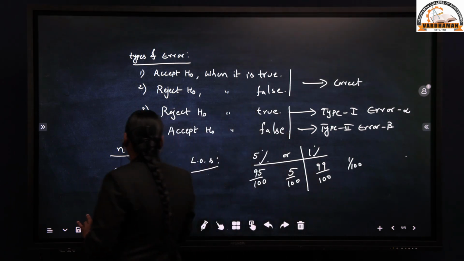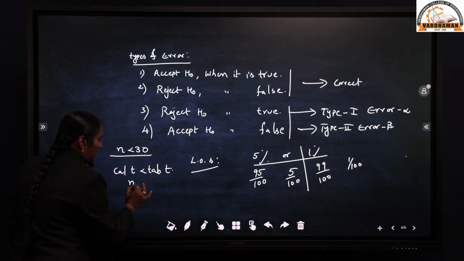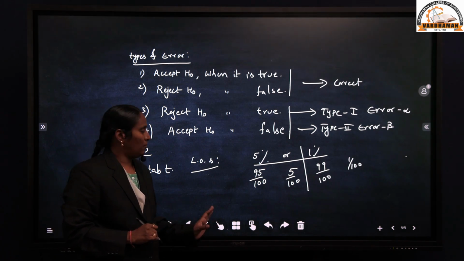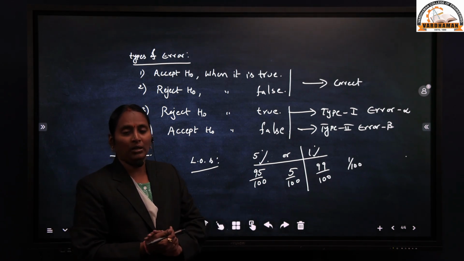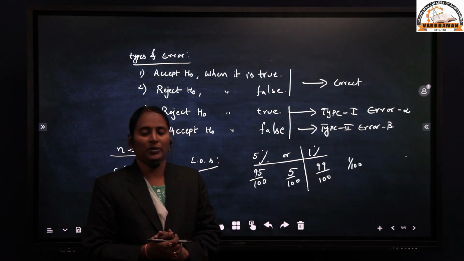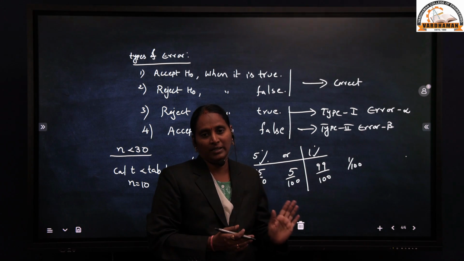Suppose we have n equal to 10 observations. We solve the problem of t-test for single mean or t-test for two means. We make a conclusion for a particular degrees of freedom, based on the n value.